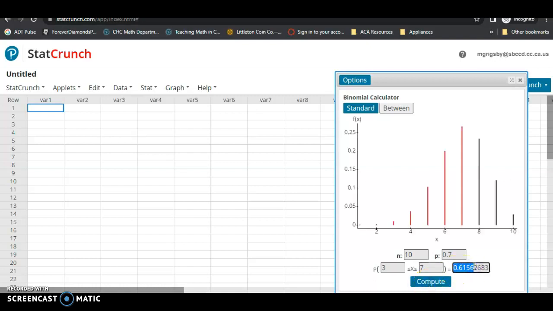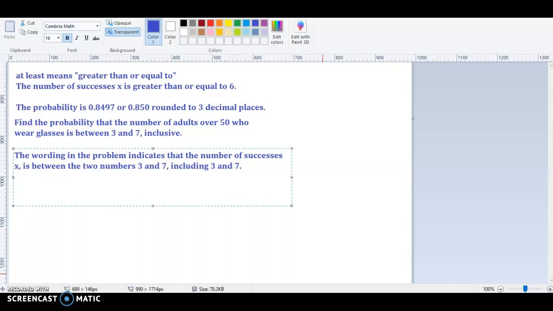In this case it's 0.6156 when rounded to 4 decimal places. So the probability is 0.6156, or 0.616 rounded to 3 decimal places.